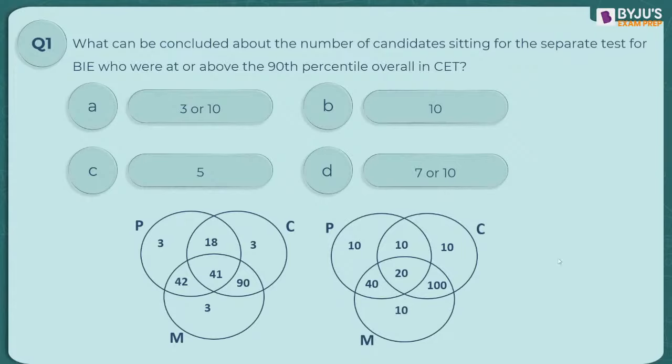Now, who are the candidates who are sitting for BIE separately? Okay, so it says that if any candidate is at or above 80th percentile in P. See, there are two things, AET and BIE.